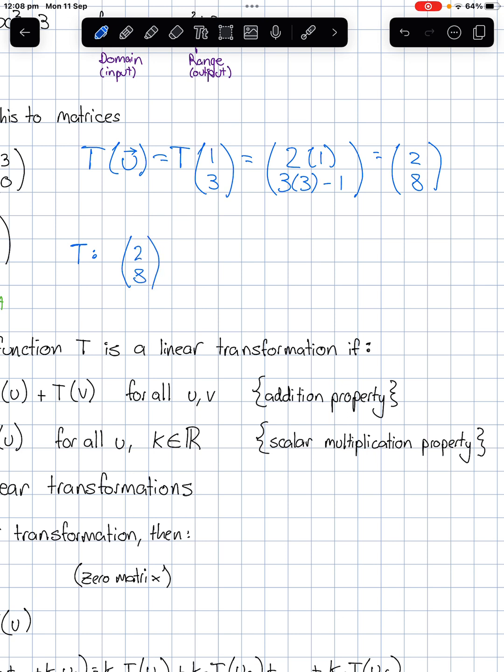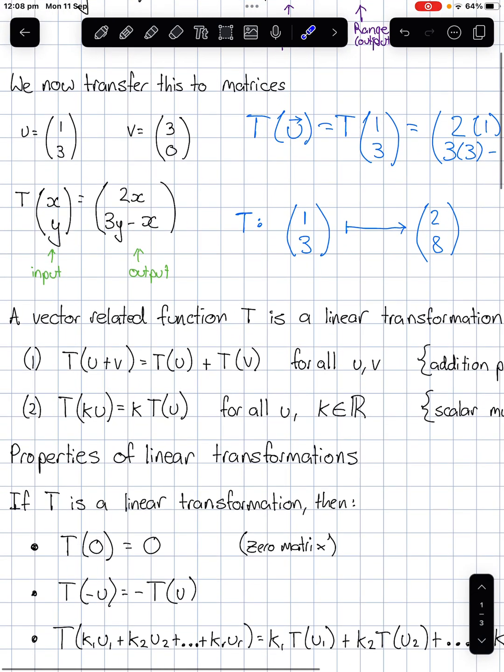What it's saying is that if we have this 1 and 3 input, we put it through this linear transformation and it comes out as a 2 and an 8. So the word for this transformation is literally function.